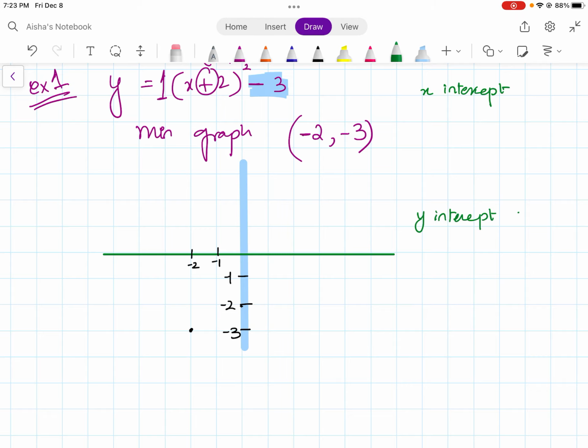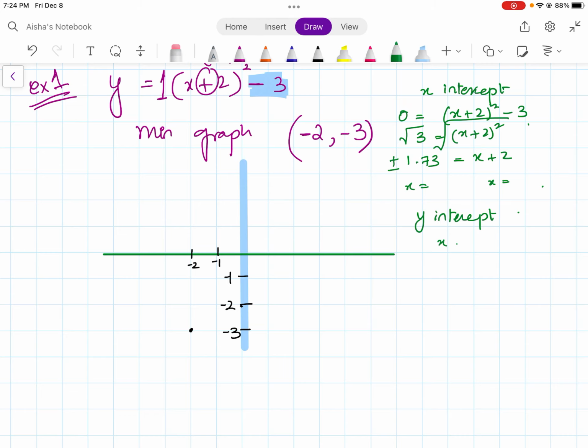How do you find that out? For the x-intercept, you input the value of y as 0. 3 will go on the other side. I will take the square root on both sides. 1.73, once with plus and once with minus. So I'll get two values of x here.